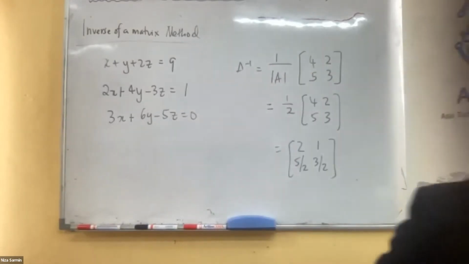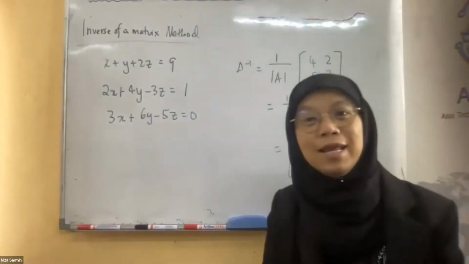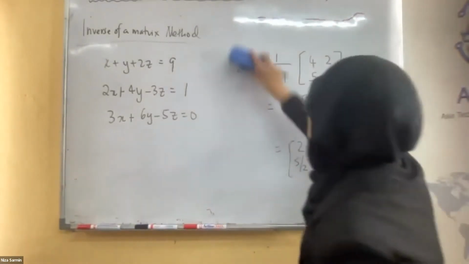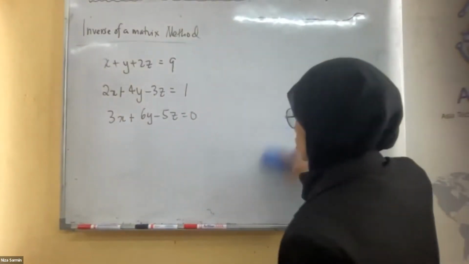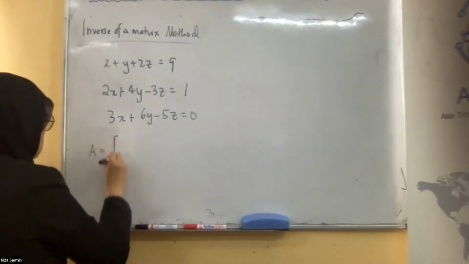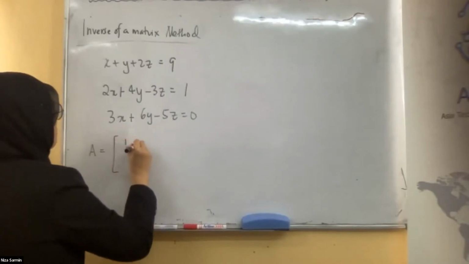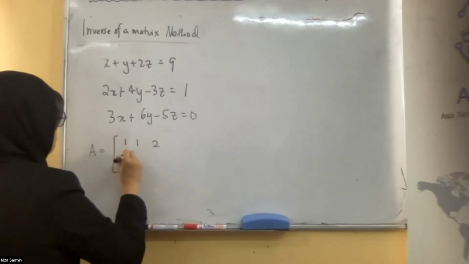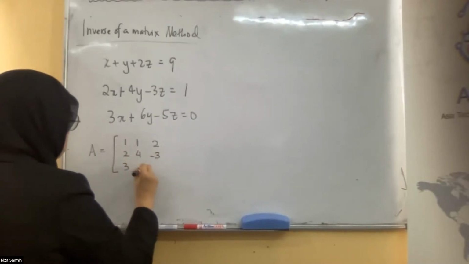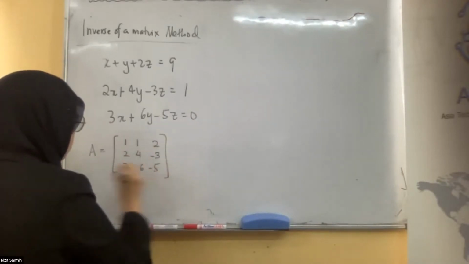Okay, now we have to calculate the 3 by 3 determinant. So A is 1, 1, 2, 2, 4, negative 3, 3, 6, negative 5.